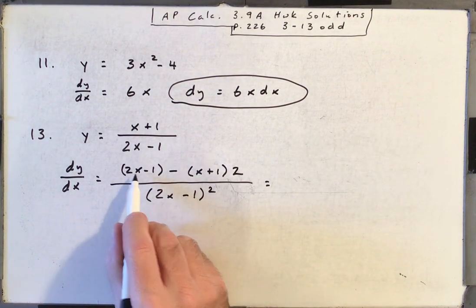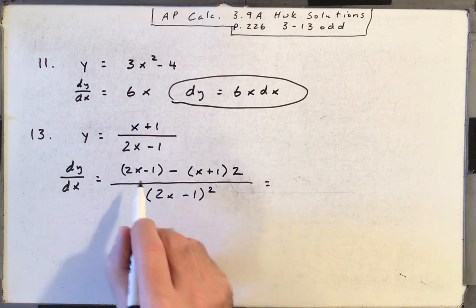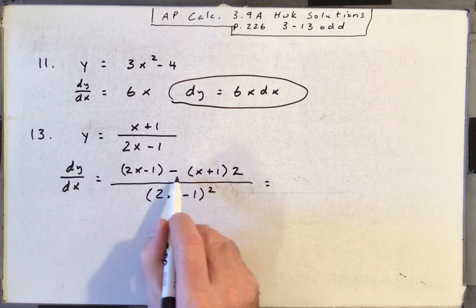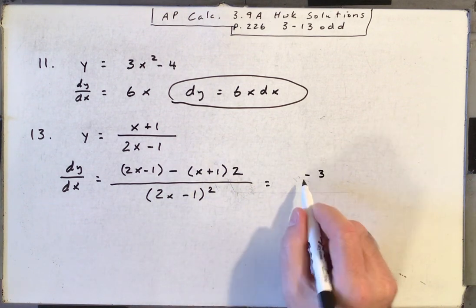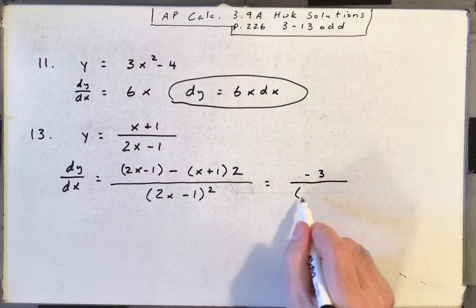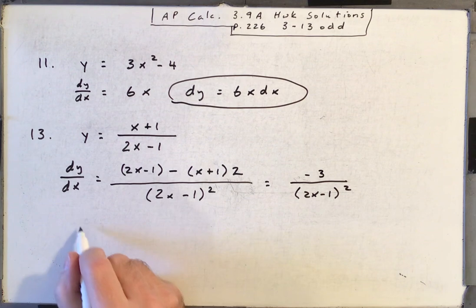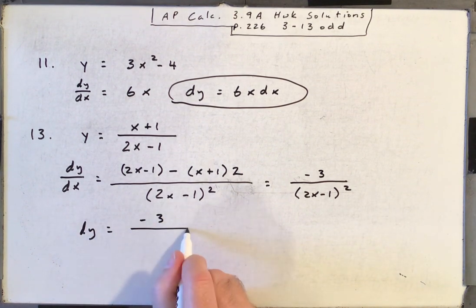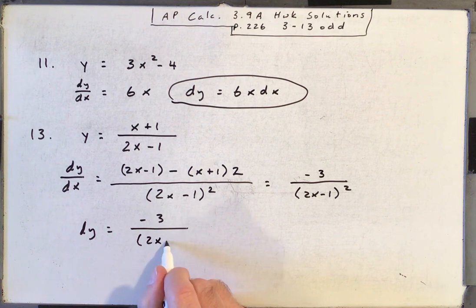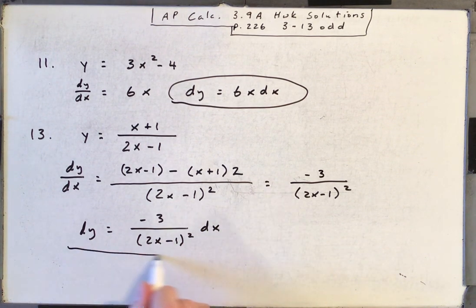So that's 2x, negative 2x. Those are going to cancel. And then you'd have negative 1 minus 2. So that's negative 3 over 2x minus 1 all squared. So multiplying both sides by dx, we'd have negative 3 over 2x minus 1 all squared dx.